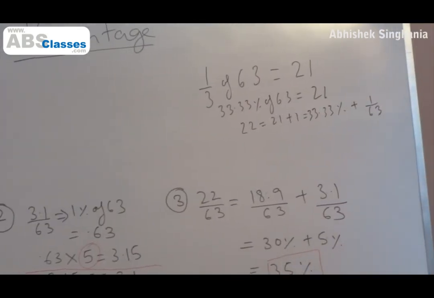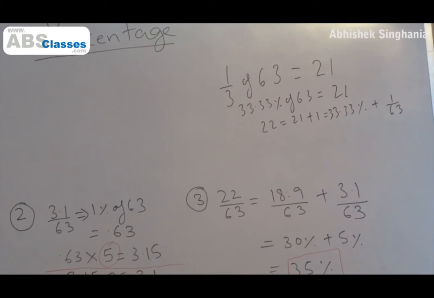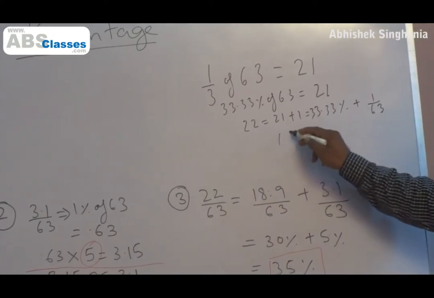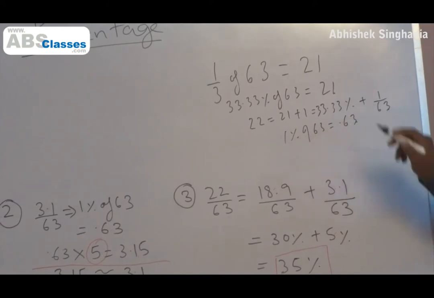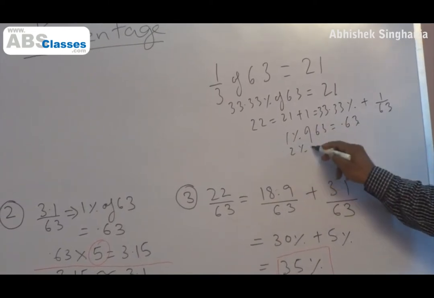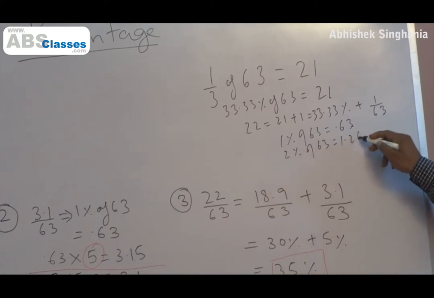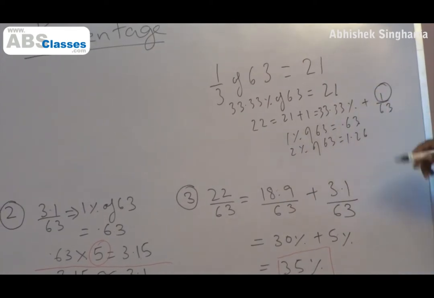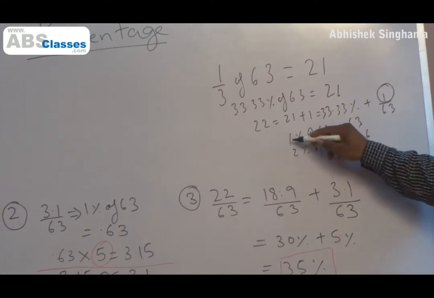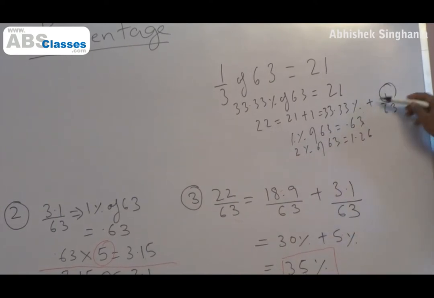Now 1 by 63 we won't calculate. We'll do it by sheer observation. We already see 1% of 63 is equal to 0.63. 2% of 63 is equal to 1.26. So we see our number 1, which we are supposed to calculate, lies somewhere between 1 and 2. It is more than 1%, but less than 2%.